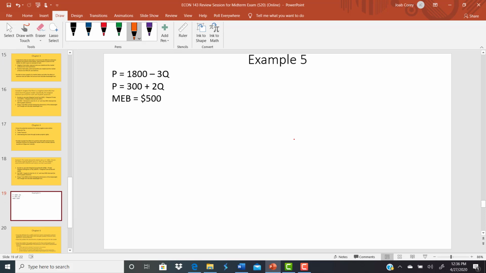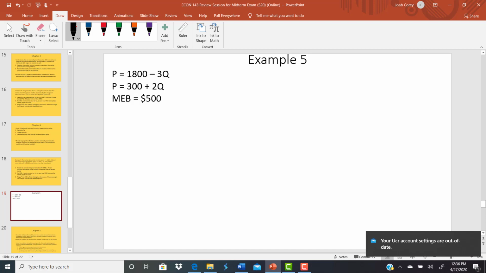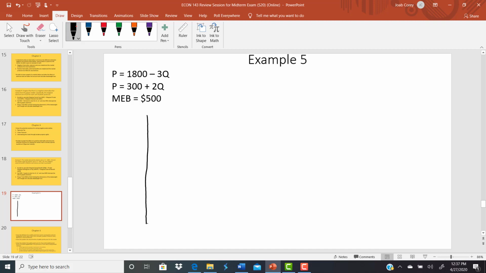Again, if we want to go ahead and draw the graph, we got price and quantity here. Now again, you have a demand curve. You should know this is the demand curve here, the fact that it is negatively related to price, right?